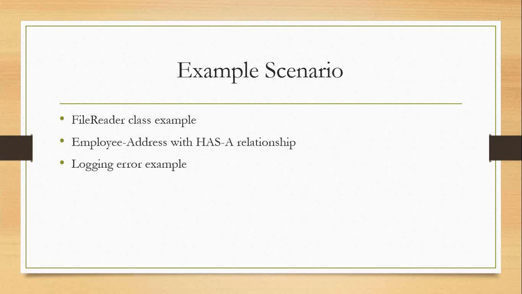Your logger application class becomes like a high-level module, and the log file becomes the low-level module. Now the logger application class is required to create an instance of a specific type of log file depending on where the logging is required.